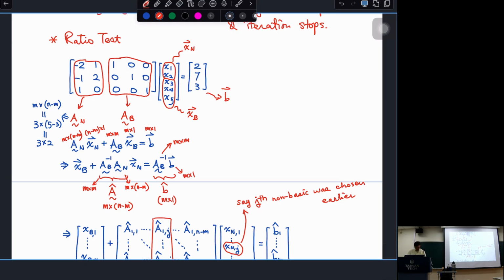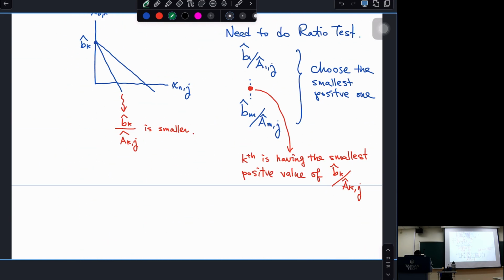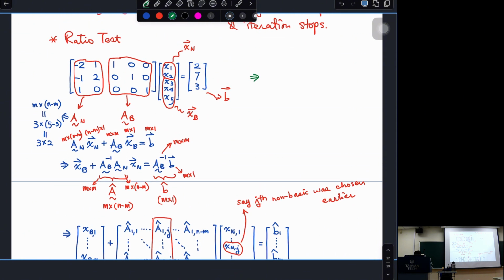We need to compute AB inverse AN, and also AB inverse B. This is your A hat. This is your B hat, right?